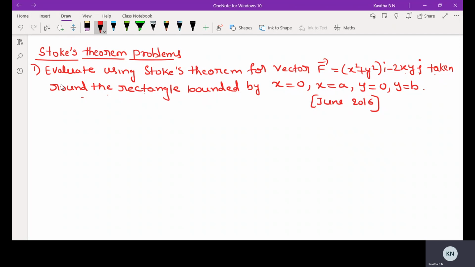This question appeared in June 2016 in the VTU question paper.